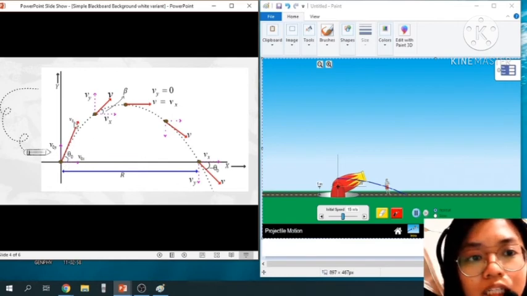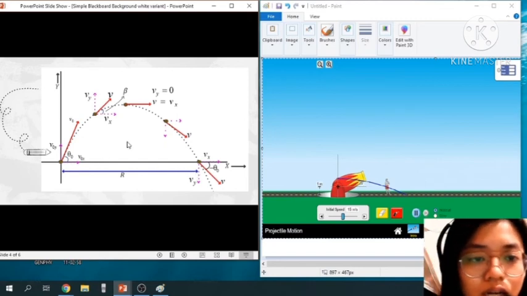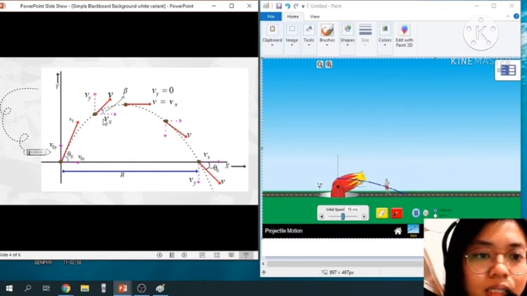We also have this one, which shows the independence of Vx and Vy, the horizontal and vertical motion or velocity. If you can see, this is the maximum point where the ball can go.